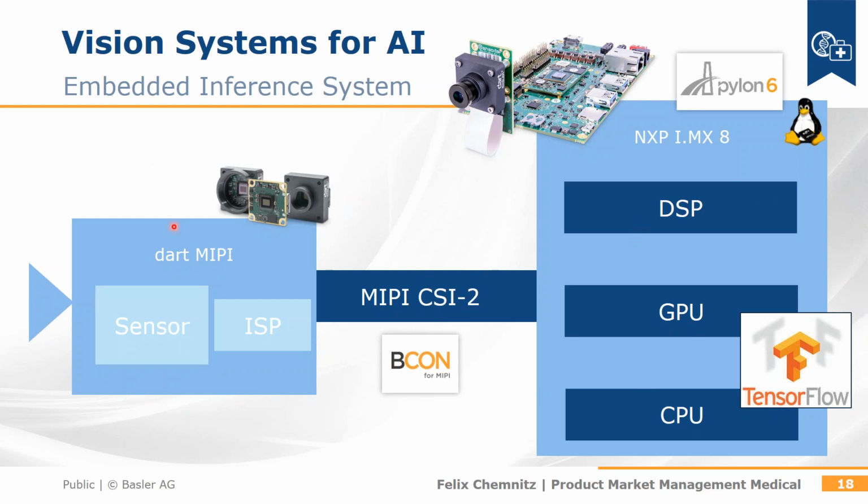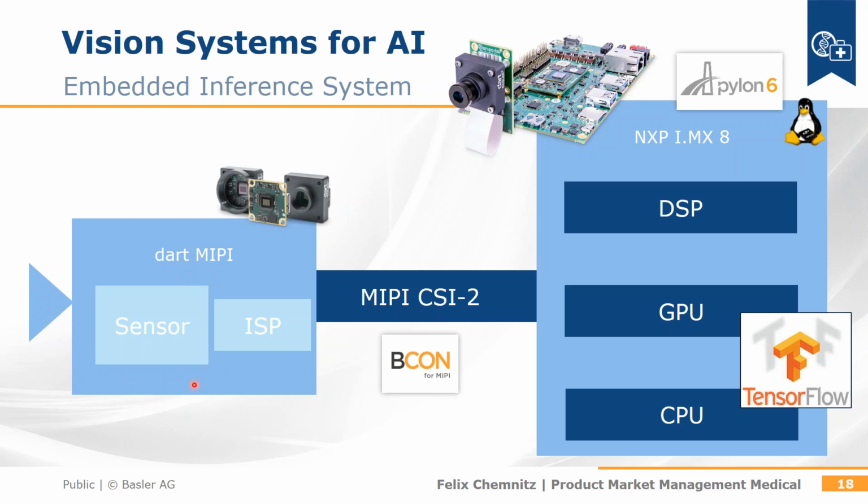So I will start on the left side with the Dart MIPI, which is called like that. The Dart family is one of our small camera families, which has a 29 by 29 outline. And the connection is MIPI, which comes from the smartphone industry and gives you the ability to connect the camera to an inference host or a processing board by this flat flex cable.